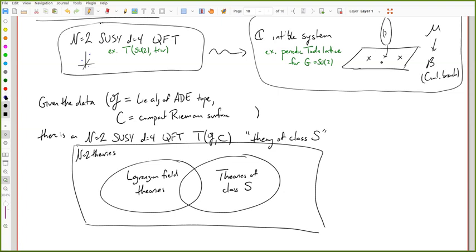And the one that we've been talking about, our favorite example, the one that has to do with Donaldson theory, is sitting here. So that's the one that we called theory of SU2, triv.